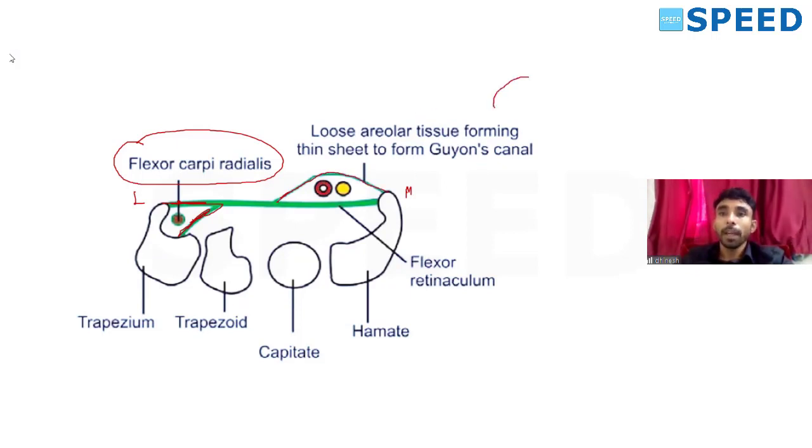Guyon's canal contains the ulnar nerve and ulnar artery. So the artery and the nerve you are seeing here, which pass through Guyon's canal, are the ulnar nerve and ulnar artery. This question has been asked again: what are the structures passing through Guyon's canal?